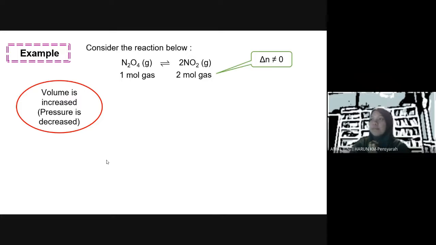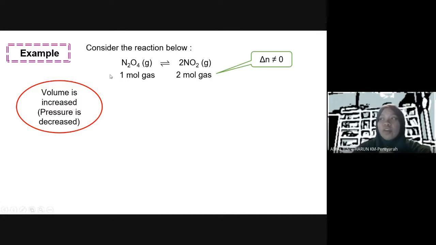Okay, for example, we have volume increase, so you kena terus kaitkan dengan pressure. Okay, kalau volume increase, pressure decrease, disturbance dia adalah pressure decrease. So kena buat apa? Kita nak pergi ke arah high number of mole supaya pressure increase.